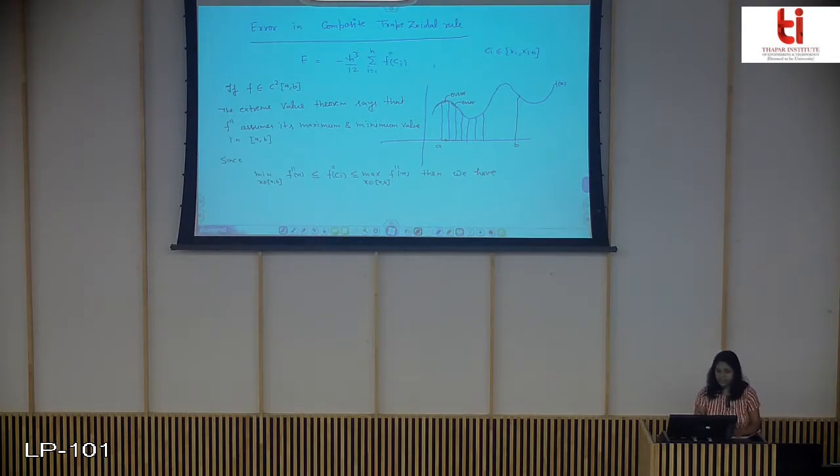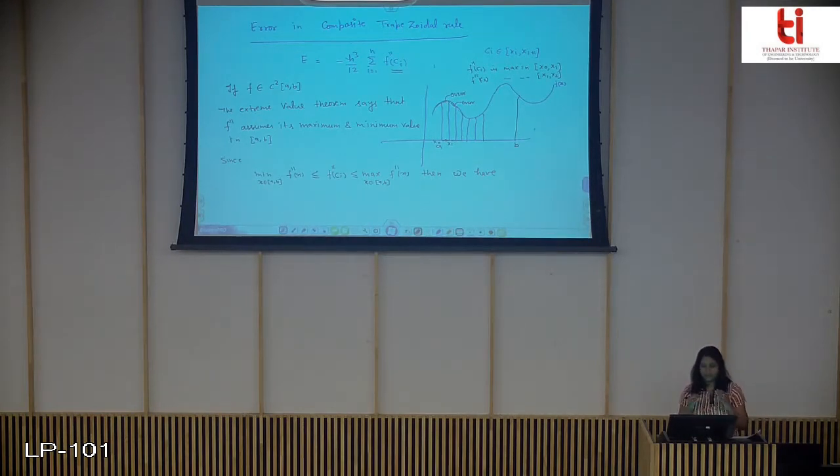So what is ci? f double dash c1 is the maximum value inside the interval x0, x1. f double dash c2 is the maximum value in x1, x2. It's not necessary that f double dash c1 and f double dash c2 are equal.